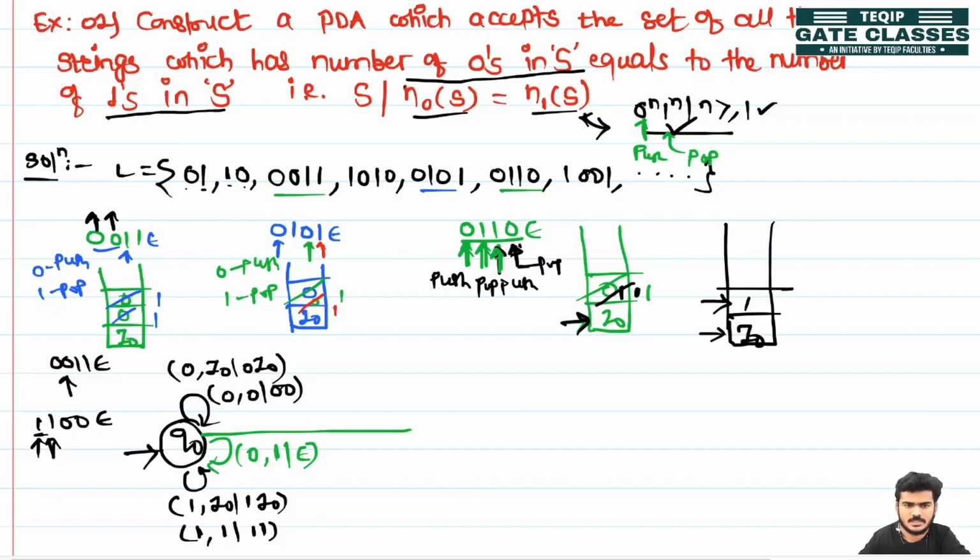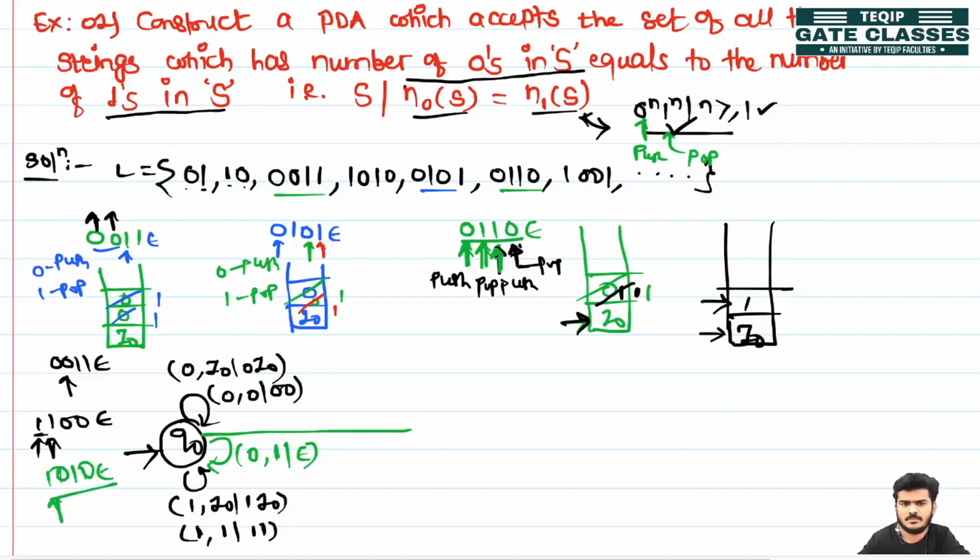So basically this is the string 1 1 1 0 1 0 epsilon. Okay, so this is the string.